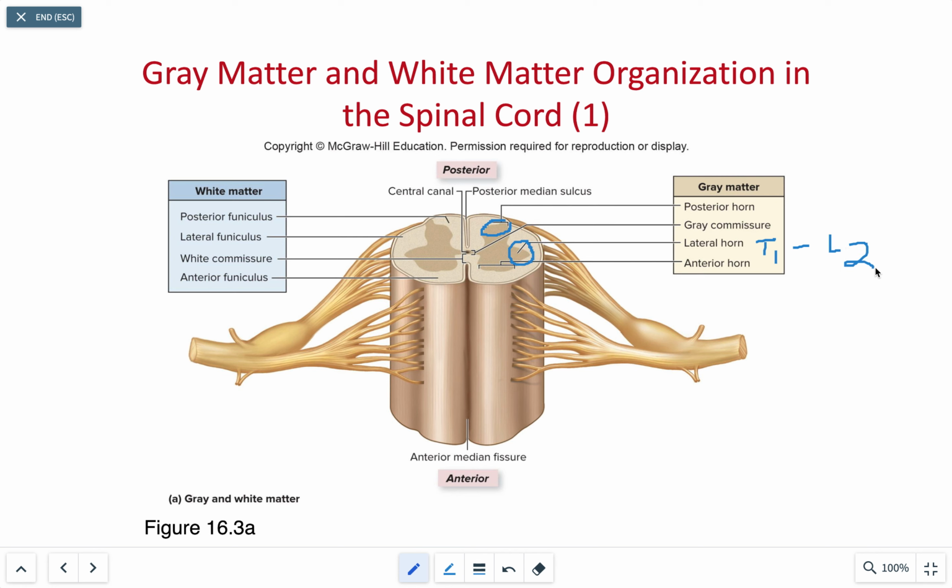These are going to be predominantly the visceral. And then when we look at the anterior horn here, they're going to contain the somatic, or the motor commands. So again, sensory, this would be kind of the autonomic nervous system, and then this would be the motor. And the next slide shows that a little bit clearer.